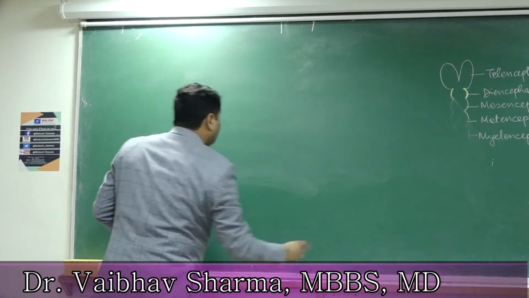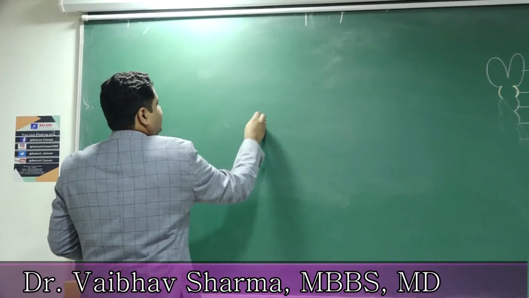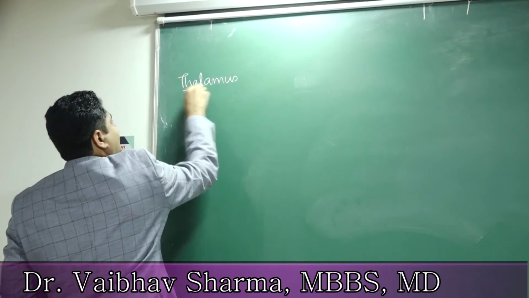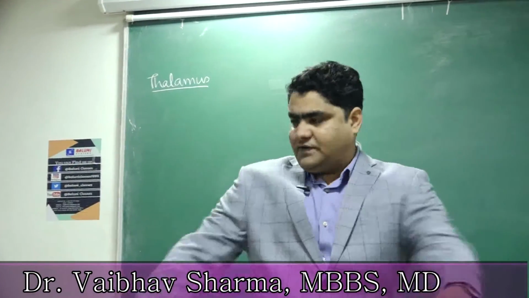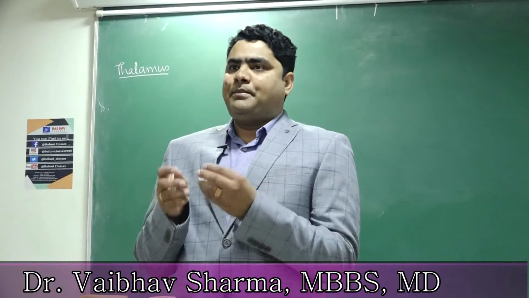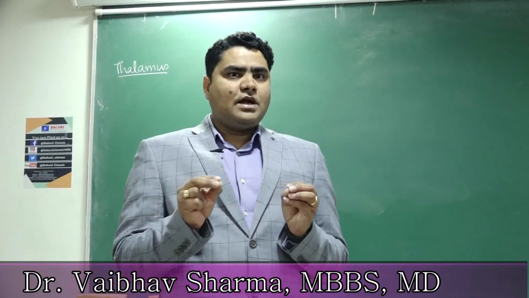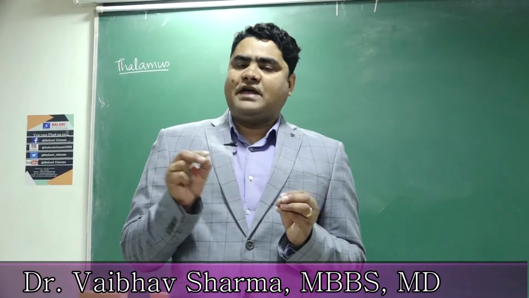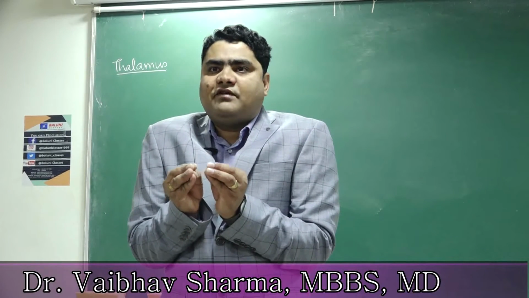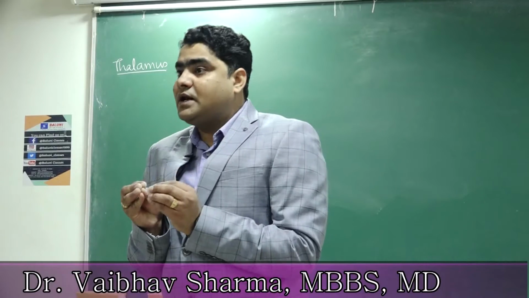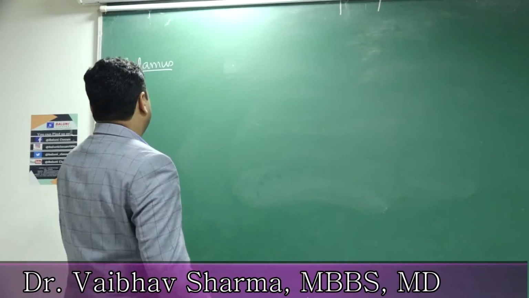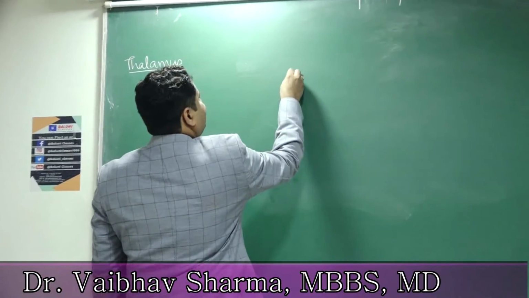See, first of all, thalamus. What is thalamus? See, a pair of oval masses, or we can say a pair of egg shaped masses that are present in the core of our cerebral hemispheres just above the midbrain.